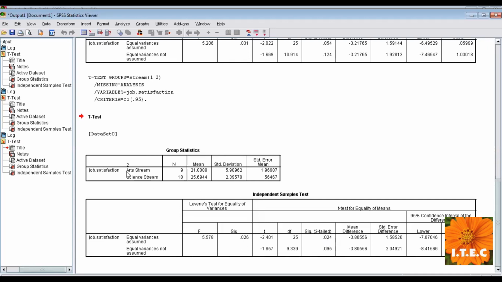You should note down the value. Arts stream, the mean is 21.89. I am also writing and you can also write so that we can use that.